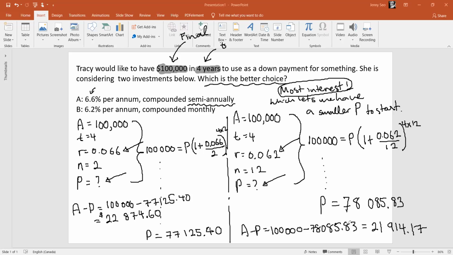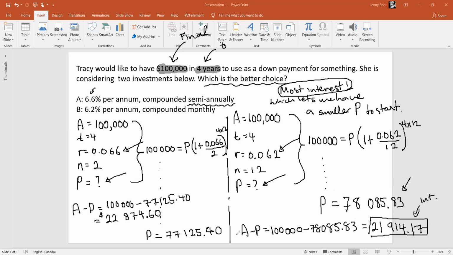All right. So when you take a look at these two plans, if you use the second plan, you must start with $78,000, which means you, over the 4 years, would only earn just under $22,000 in interest.